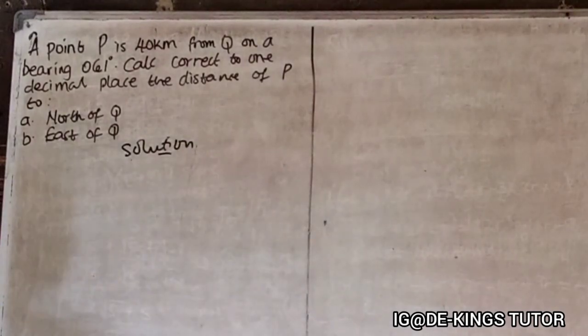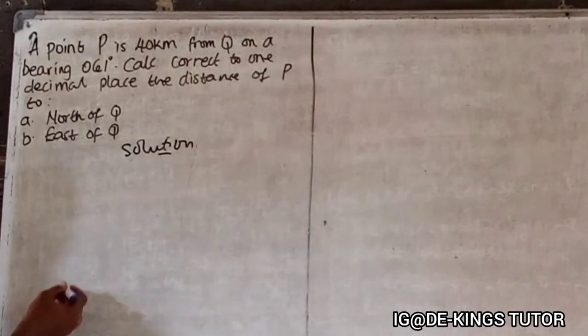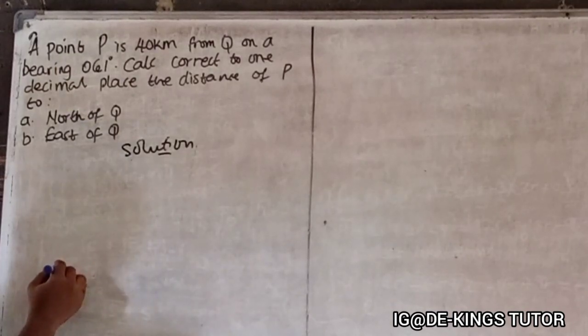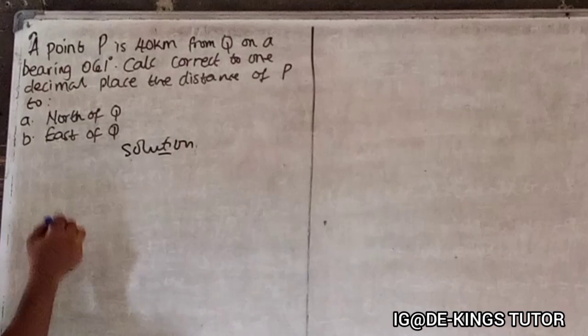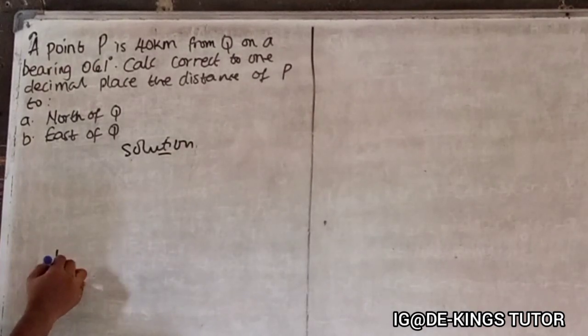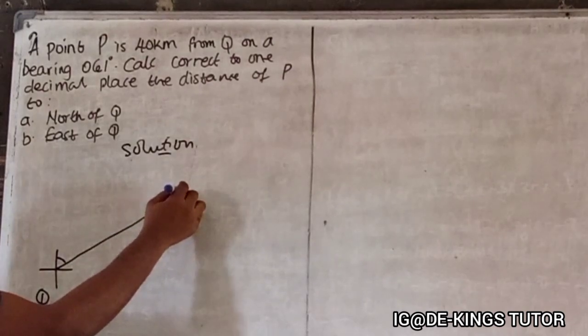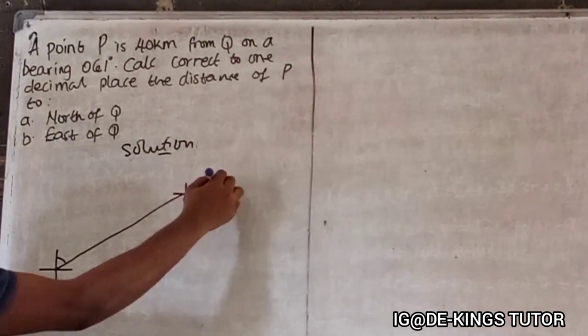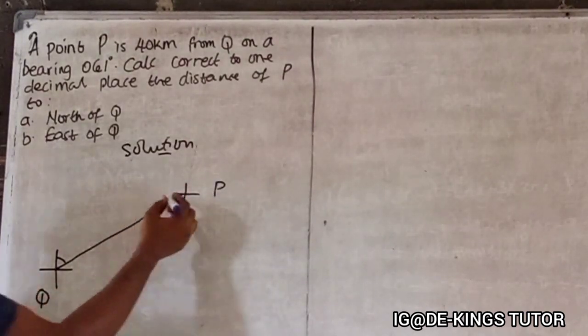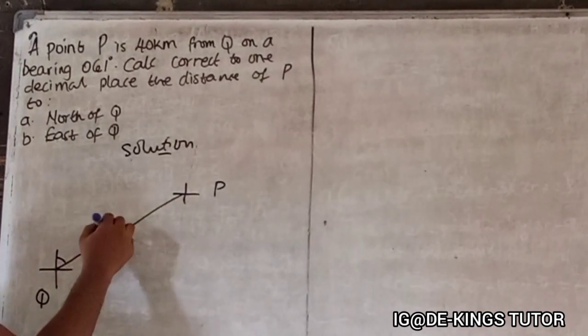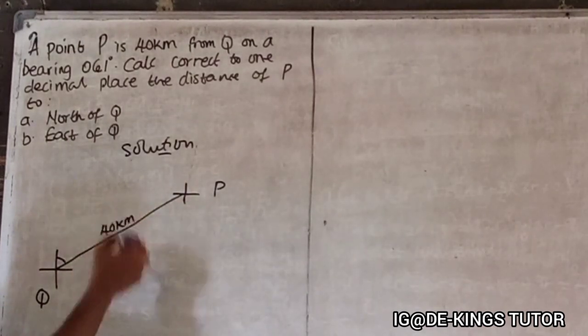It means it's starting from Q towards P. So if we have this point as Q, 61 degrees from the north should be at first, right? So this can be P. And you said it's how many kilometers? 40 kilometers.